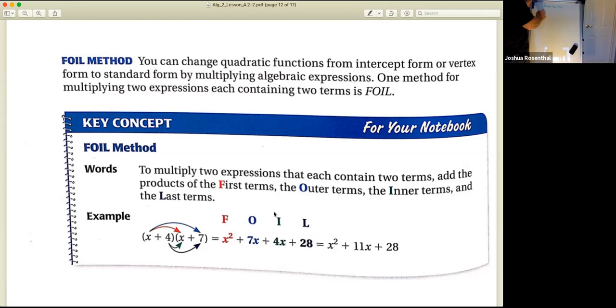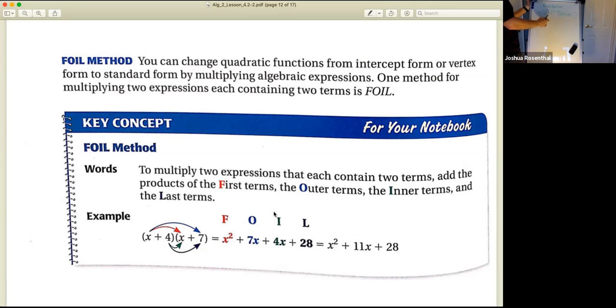If you have multiple parts, then you're going to have to do A times each of these, plus B times each of these, plus C times each of these.